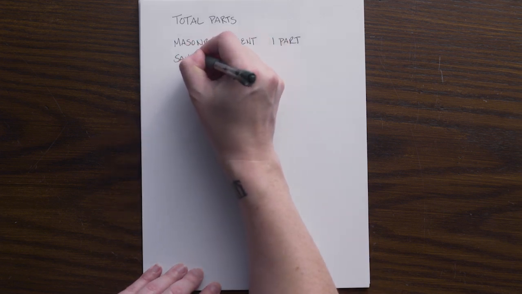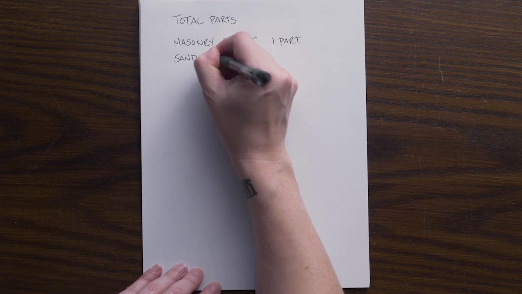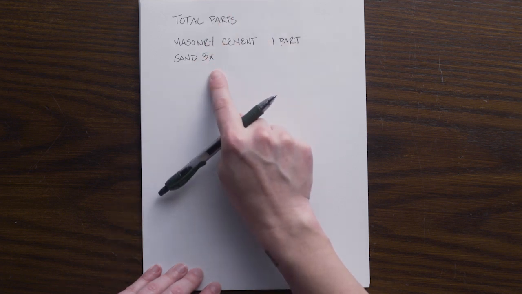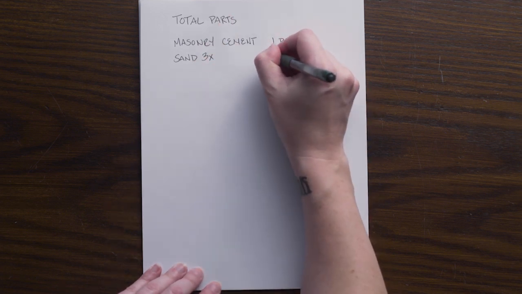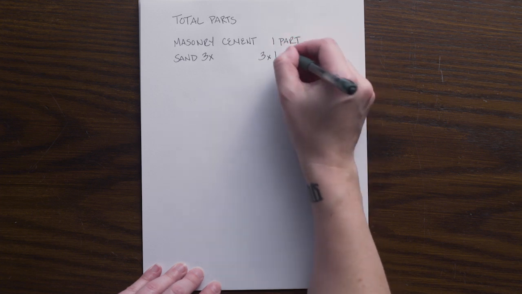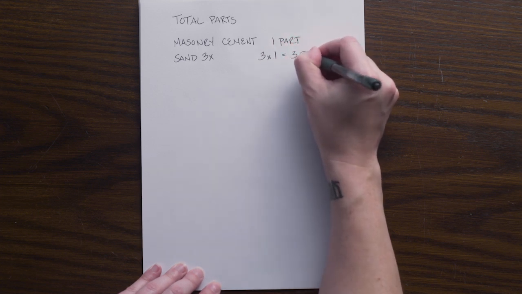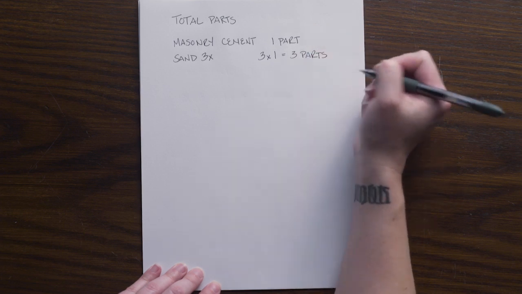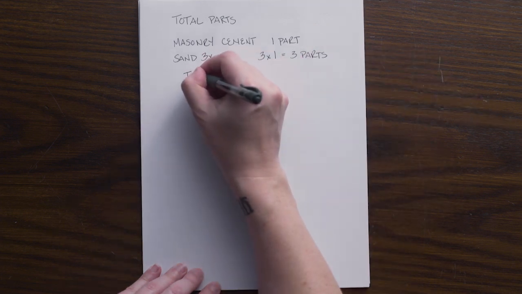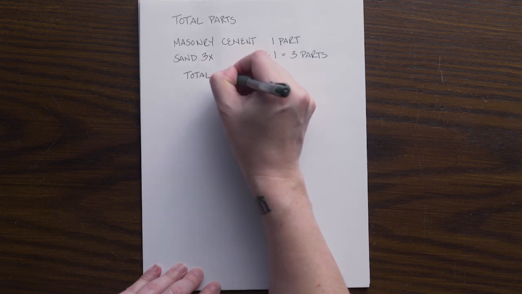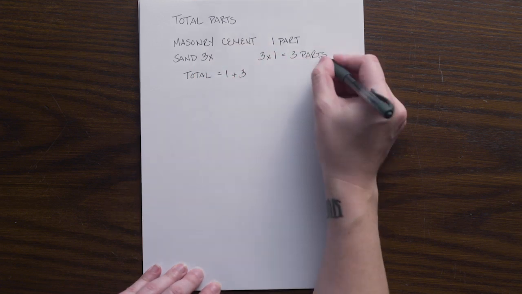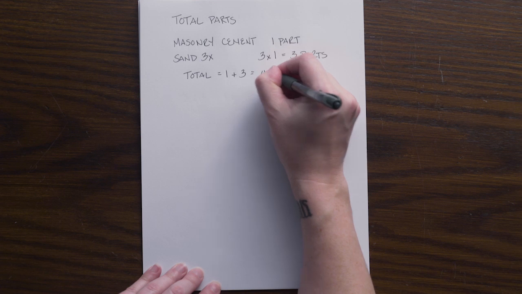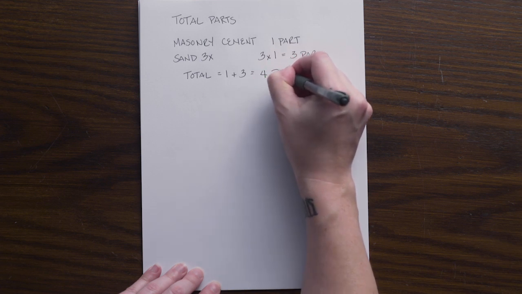Sand, we were told, is 3 times the value of our masonry cement. So to calculate that, it's just 3 times our 1 part, and we have 3 parts for our sand. So total parts, simply adding it all together. The total is our 1 part of cement plus our 3 parts for our sand. We have 4 total parts.